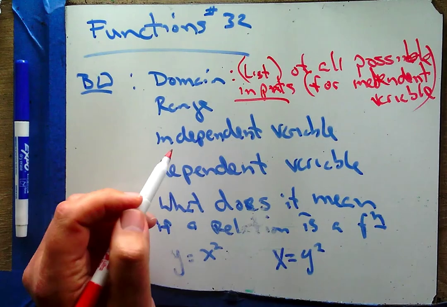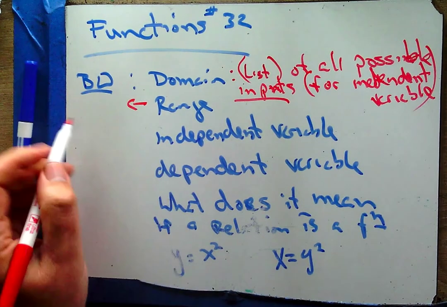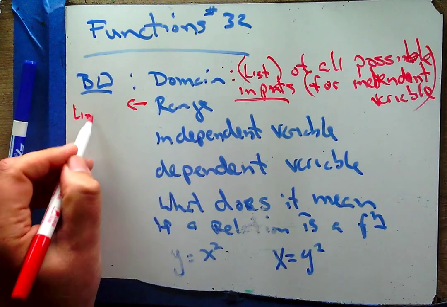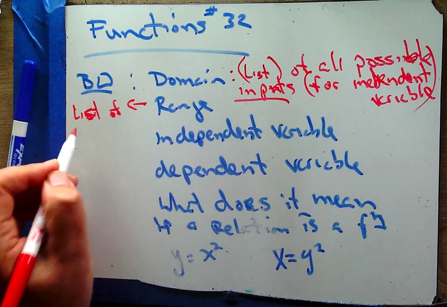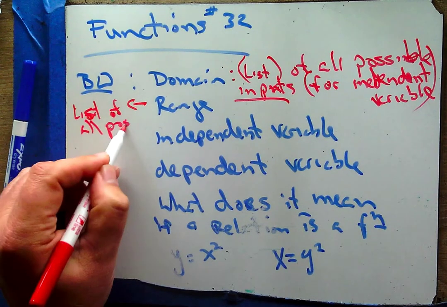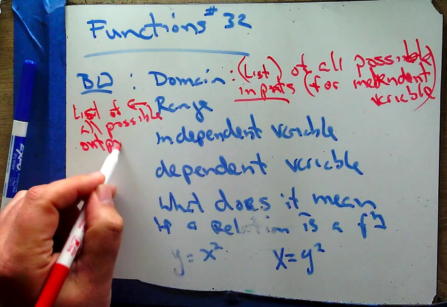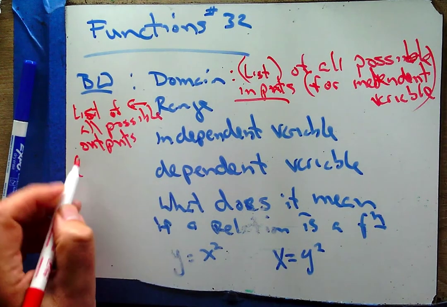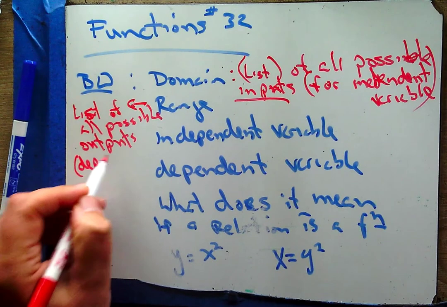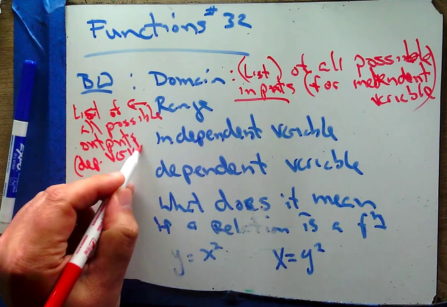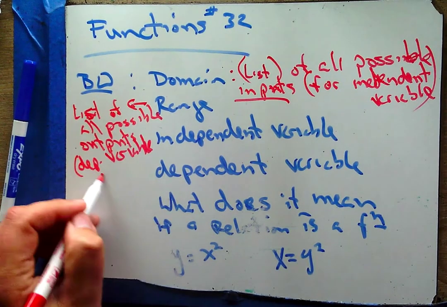It's all the stuff you can plug into the function. Whereas range is the list of all possible outputs or dependent variable values.